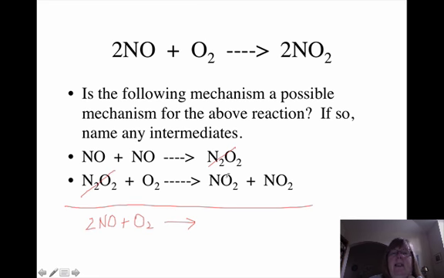Over on our product side, we have NO2 and NO2, so we add them together, and 2 NO2. This is a possible mechanism. It adds up to the overall balanced equation. Is there an intermediate? Is there something that's made in an earlier elementary step and then consumed later on? The answer is yes. And the N2O2 in this mechanism is our intermediate. It's made and then it's used up.